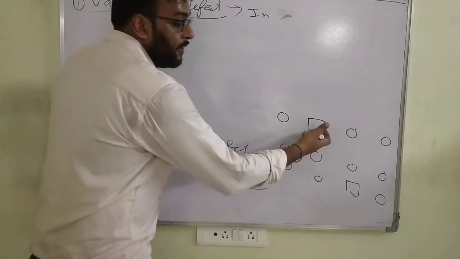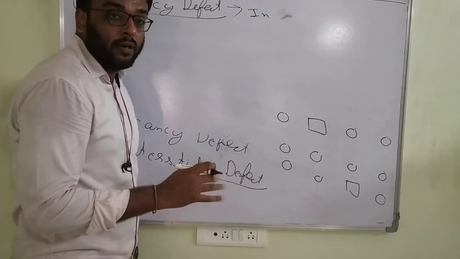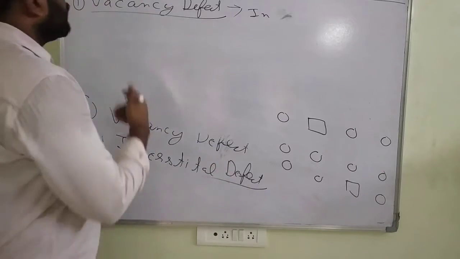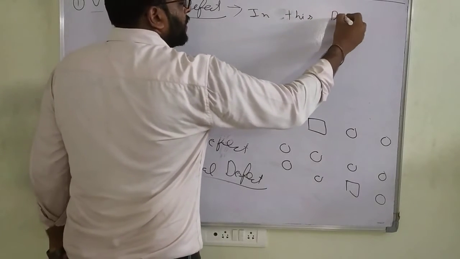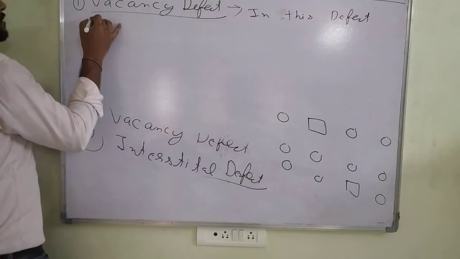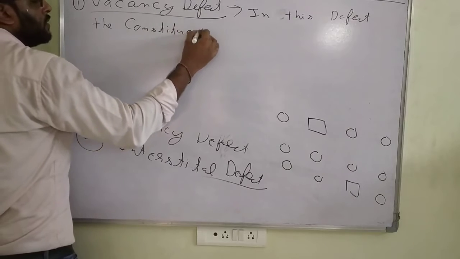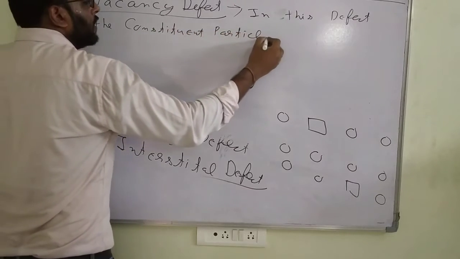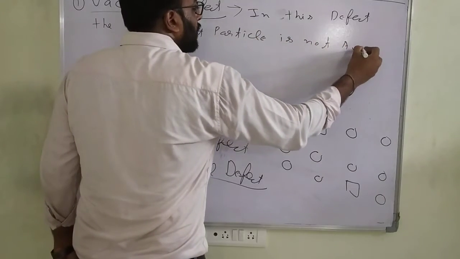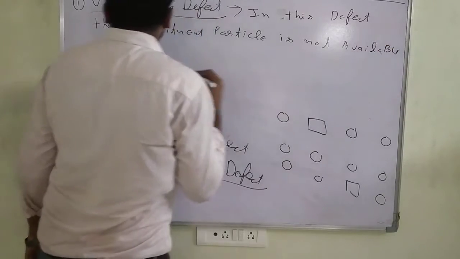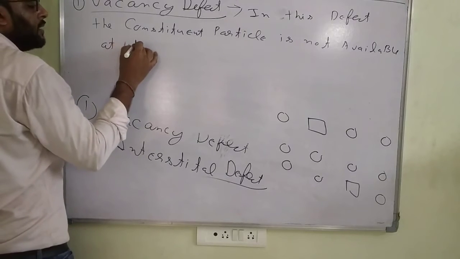Write down this definition. The space is vacant, clearly vacant over here. Okay. In this defect, the constituent particle is not available at its lattice site.